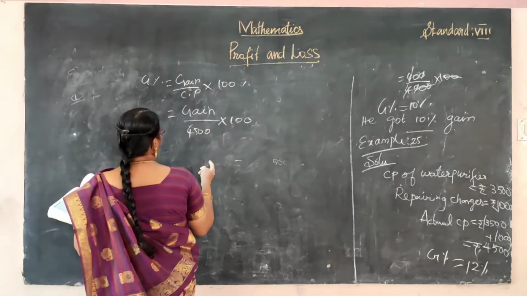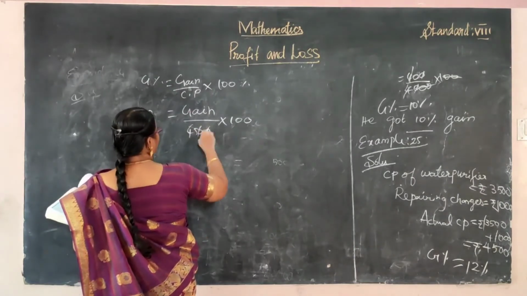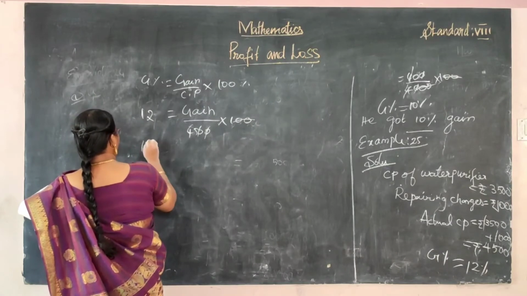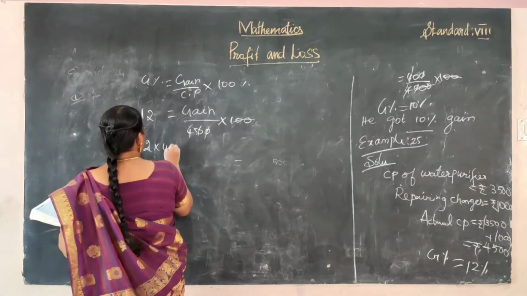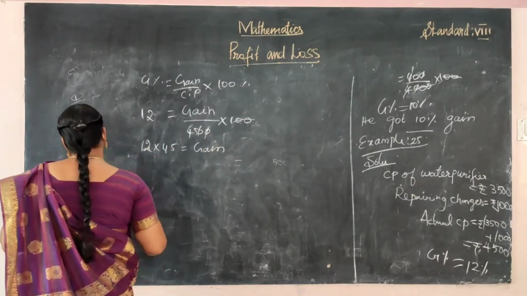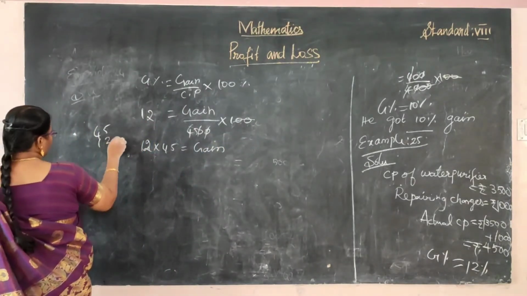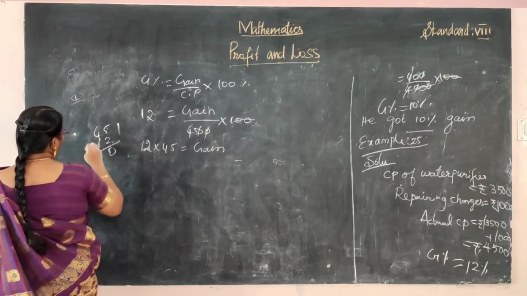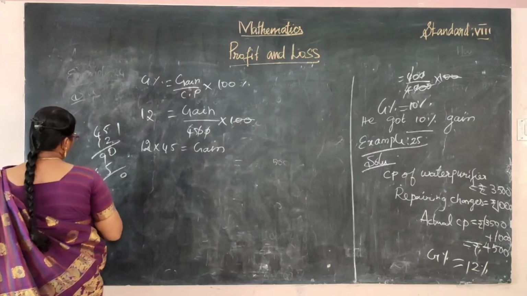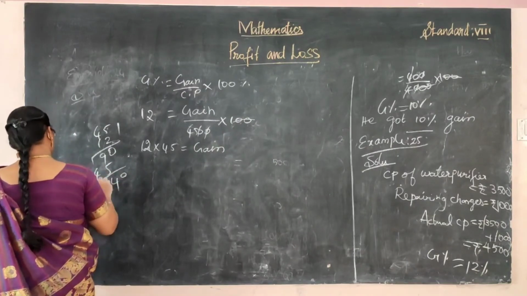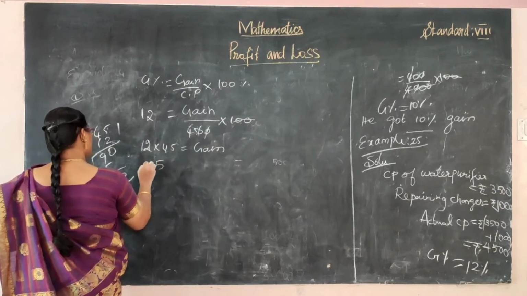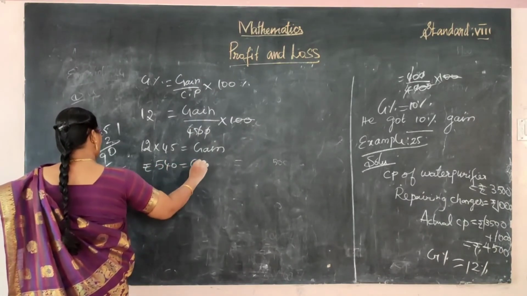Okay, so cross multiply, what we get? 12 into 45 is equal to gain. So 12 into 45: 2 fives are 10, 1 carry, 1 twos are 2, 2 fours are 8 plus 1 is 9, so 540. So rupees 540 is equal to gain.